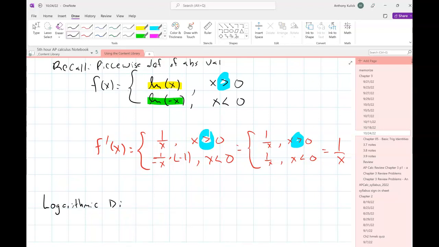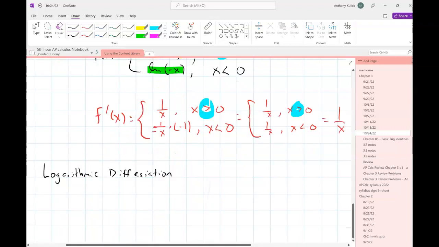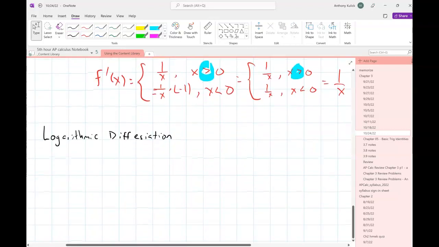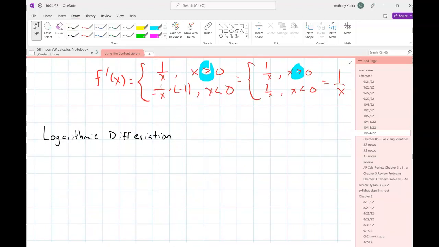And then we touched on this before the chapter 3 test, and I saw some of us trying to use this to varying degrees of success. So this is a technique that can allow you to potentially make the calculus easier on a derivative problem.